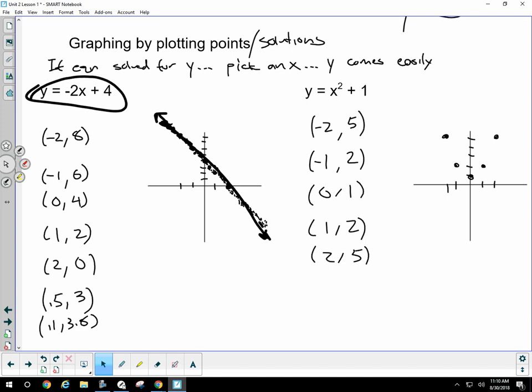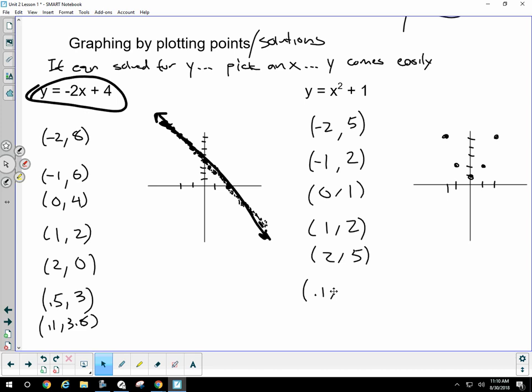Now we notice that these points don't end up on a line. It looks like we have some sort of U. Well, guess what? We can also plug in decimals. 0.1 squared is, I don't want to mess this up, it's 0.01.